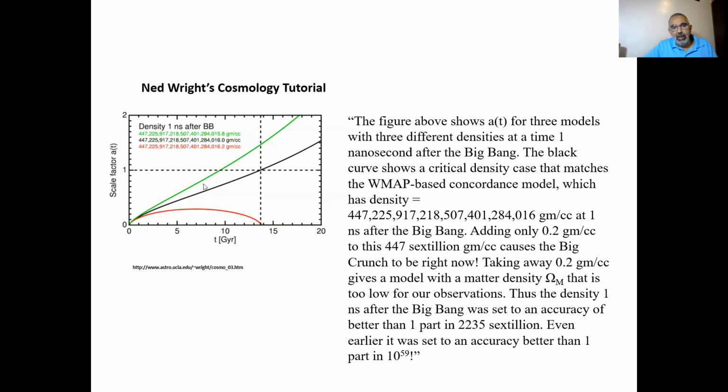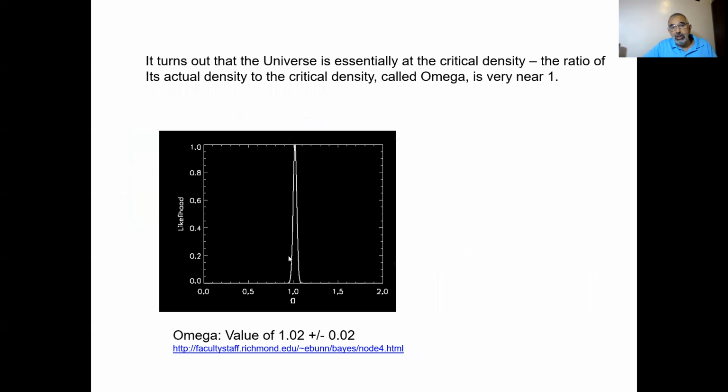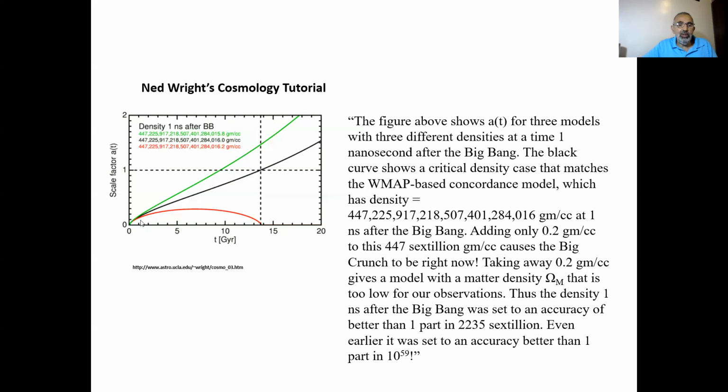But it is this flat space, being very close to flat space, that allows life to form. And all of the measurements that we have are indeed that omega is extraordinarily close to the critical density. So the question becomes, how did this fine-tuning occur, if not by divine design, for example?